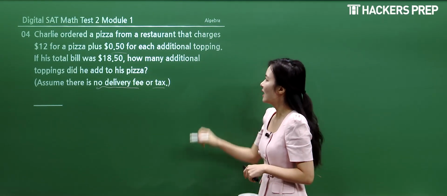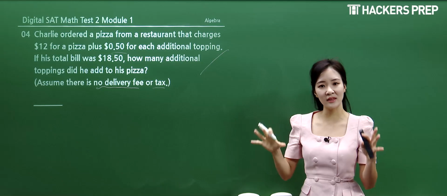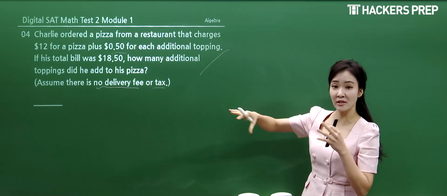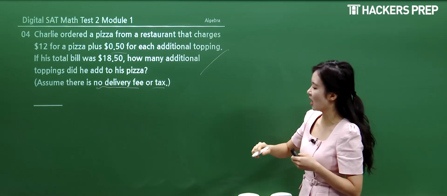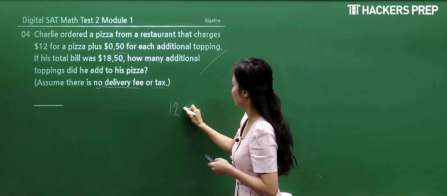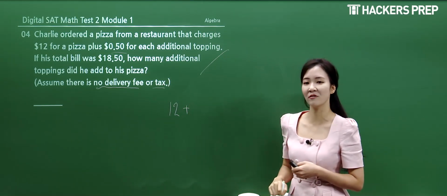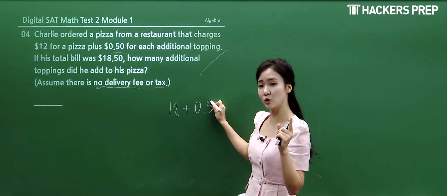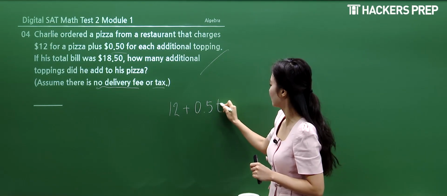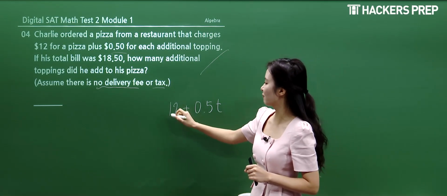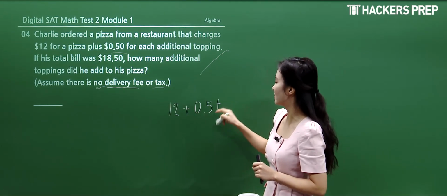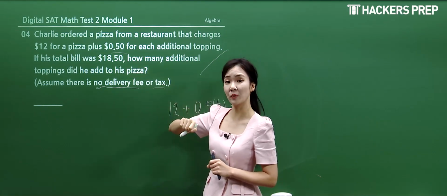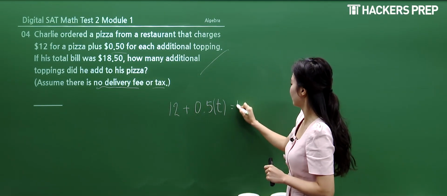That's good to know. Taking that scenario, let's write this in terms of a mathematical expression. There's going to be a flat price of $12, and then it's going to be 0.5 for each additional topping. I'm going to use T for the topping. So $12, the flat rate, plus 0.5 times T, and that's going to cost the total bill, 18.5.